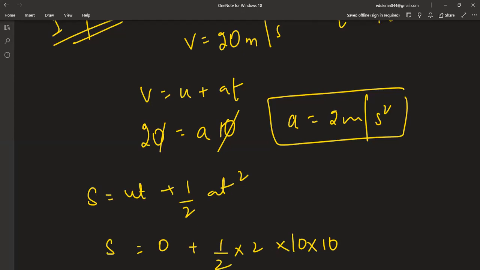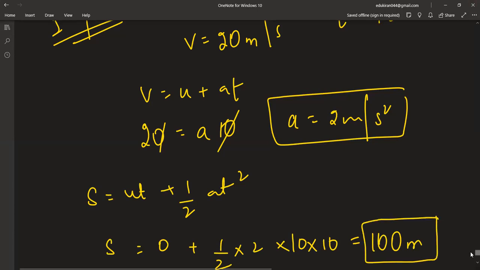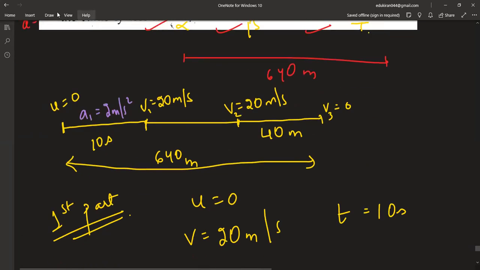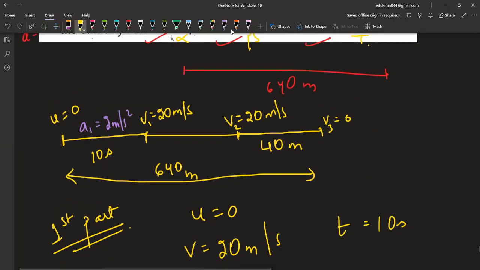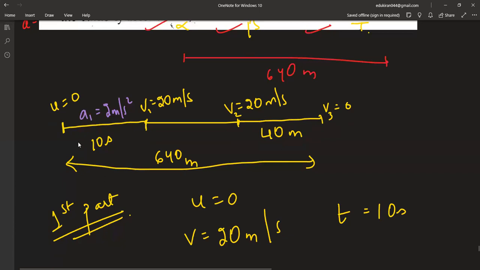So this is 200 by 2, which is 100 meters. So this first distance S1 is 100 meters. The total is 640 and this is 40, so how much will this be? 500 meters. So you have the second distance also.